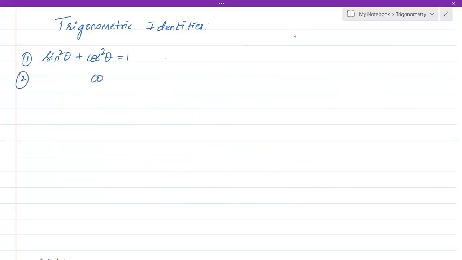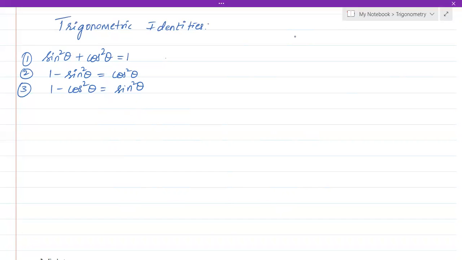So you get cos square theta is equal to 1 minus sine square theta. The other way, 1 minus sine square theta is equal to cos square theta. The same thing, if you shift cos square to the other side, it becomes 1 minus cos square, and what is left out is sine square. So 1 minus cos square theta is equal to sine square theta. If you remember the first one, you can easily remember the next two.